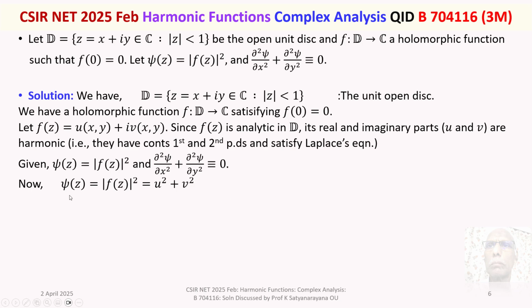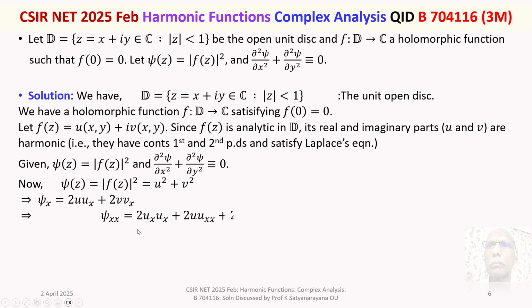Differentiate partially with respect to x. Psi x, that is del psi by del x, is equal to 2u into the partial derivative of u with respect to x, u x, plus 2v v x. Differentiate again partially with respect to x.